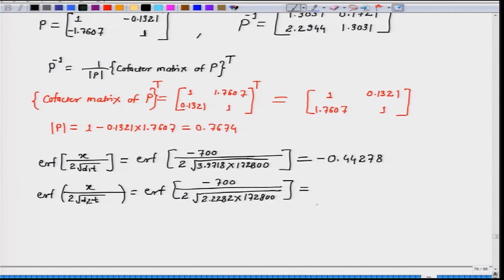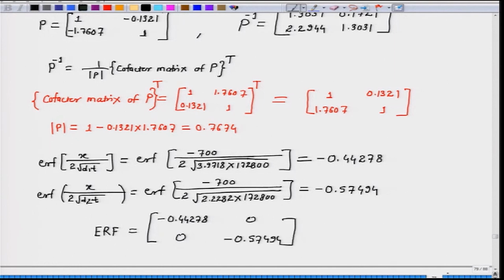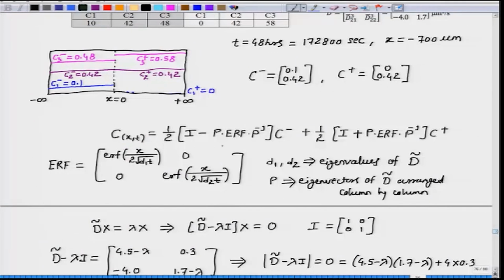Again, referring back to the error function table, we will find the error function of this to be minus 0.57494, and so our matrix ERF comes out to be minus 0.44278, 0, minus 0.57494. Now, referring back to the solution, we need this product P times ERF times P inverse.